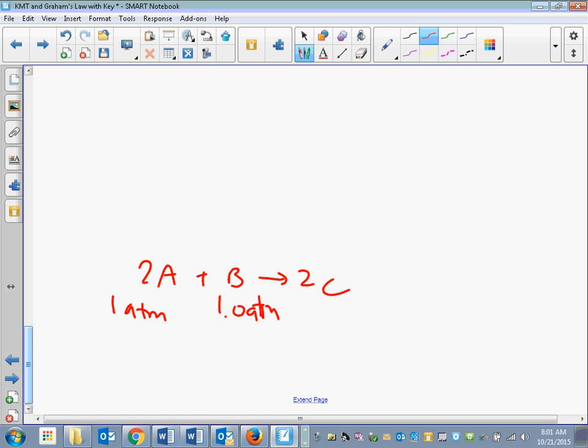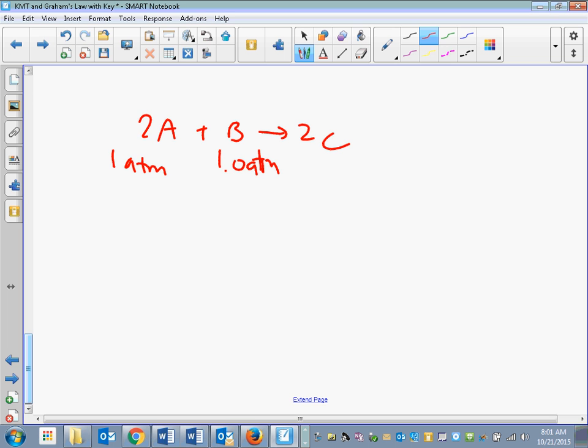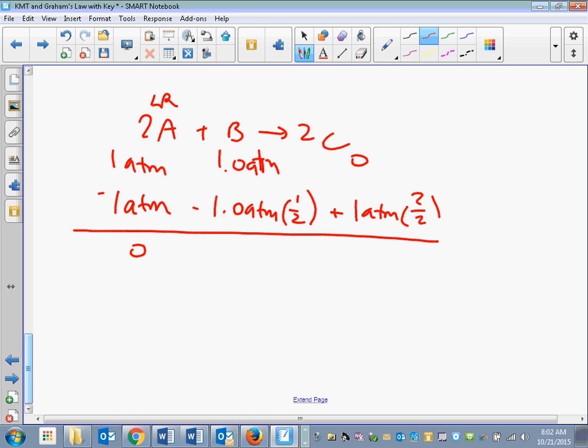B. So that divided by 1 is 1, that divided by 2 is... So who's limiting? Minus 1 atm in a ratio of 1 to 2, right? 0 plus 1 atm in a ratio of 2 to 2. 0.5 and 1. So the total is 1.5 atm. See, we just basically did a BCA table.